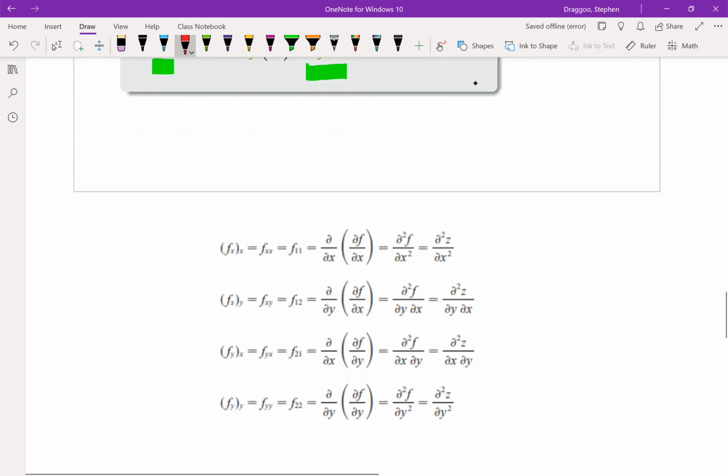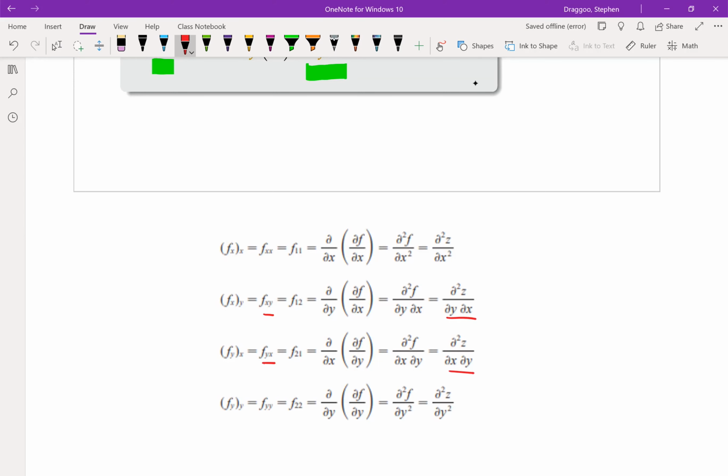So if we come down to look at all four possible examples of second order derivatives, twice with x, the two mixed being first x then y versus first y then x, and both y derivatives, we should see that in both of the mixed second order partial derivative cases, the order between the x and y as written down changes, but the order in which they are done does not.